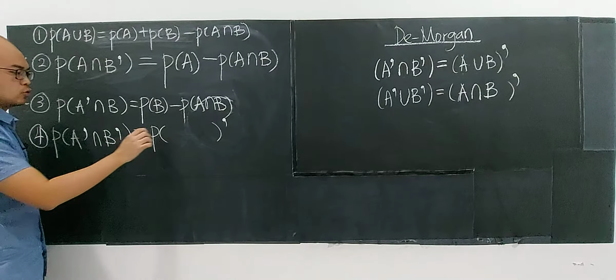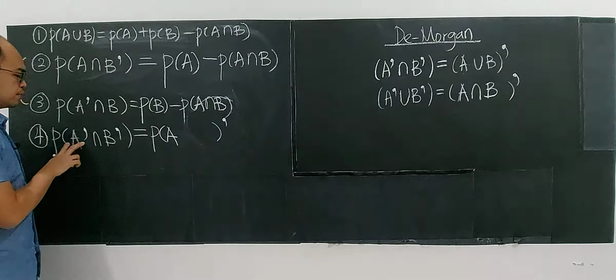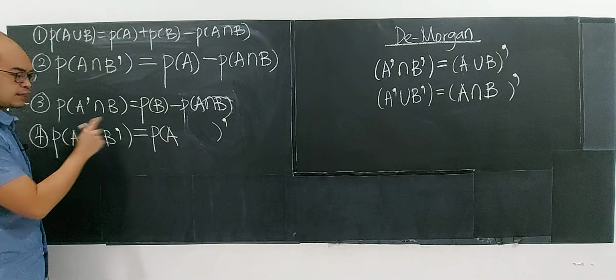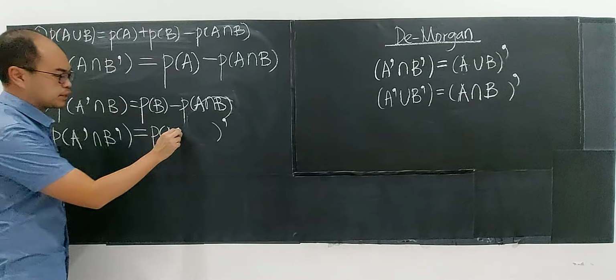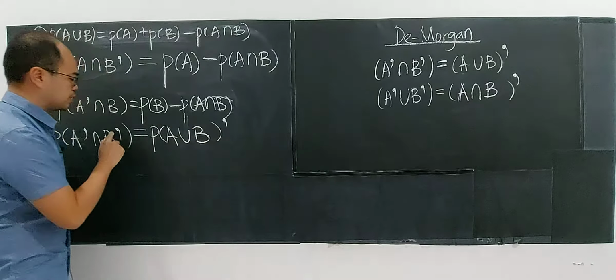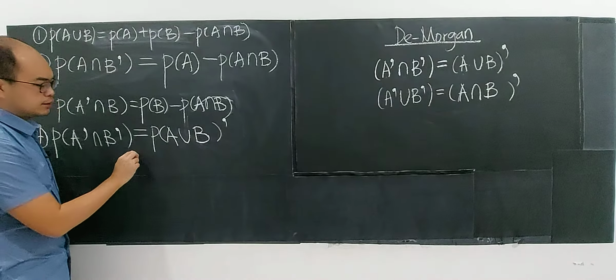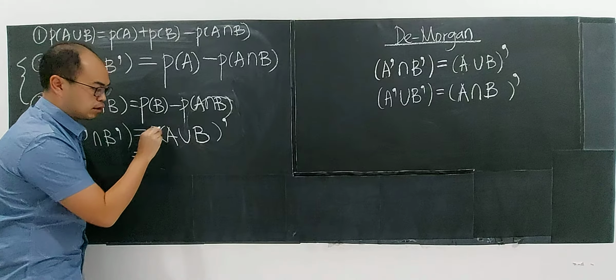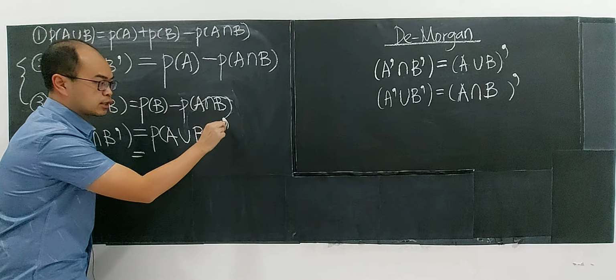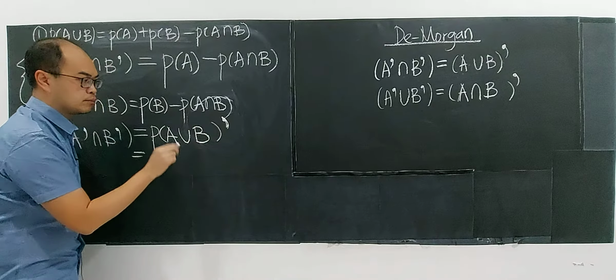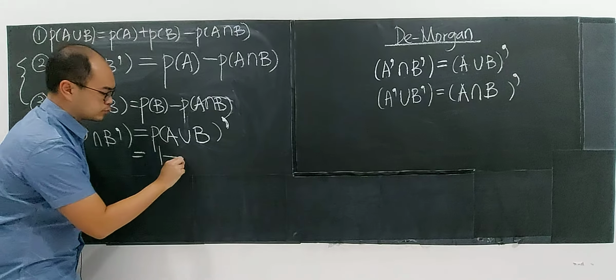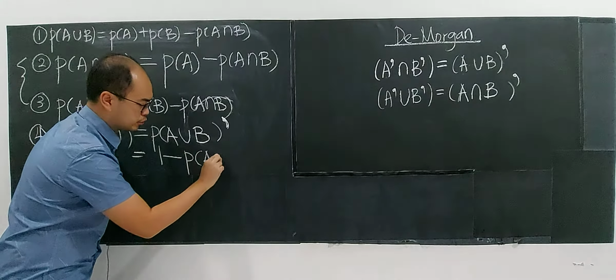Everything will be changed: the complement of A becomes A, it's actually not really factorizing, the intersection becomes union, and the complement of B becomes B. And this will be the probability of the complement of A union B. So this is 1 minus P(A union B).